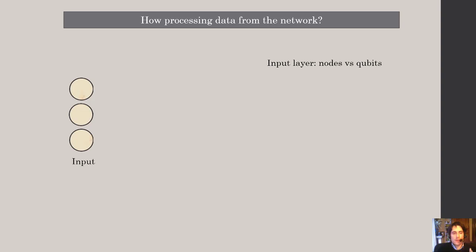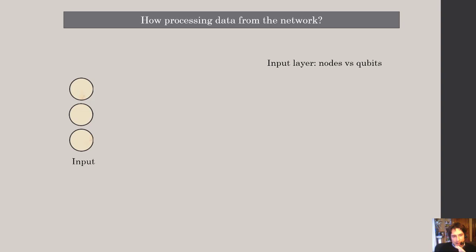To simplify the data analysis, it is better to divide it into artificial neurons represented in a layer called the input layer. The neurons here are represented by nodes in classical computers, whereas they are represented by qubits in quantum computers.